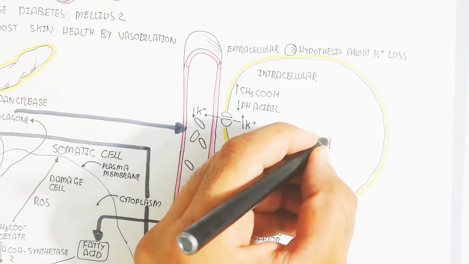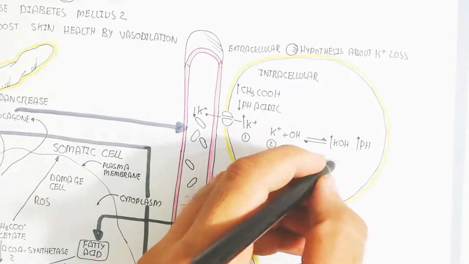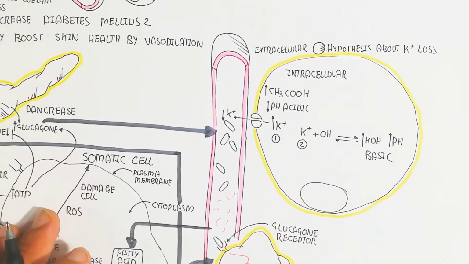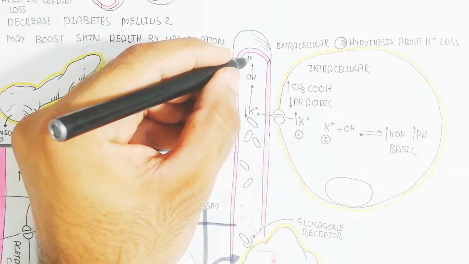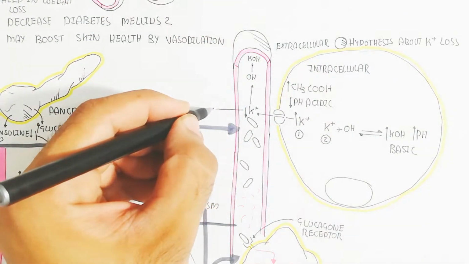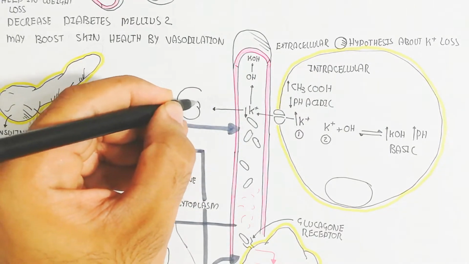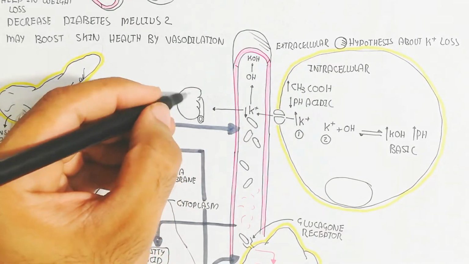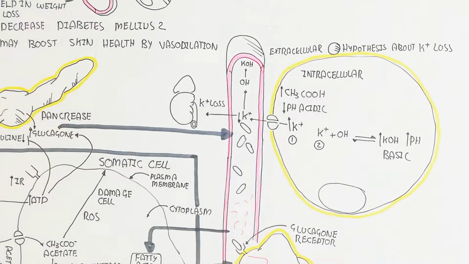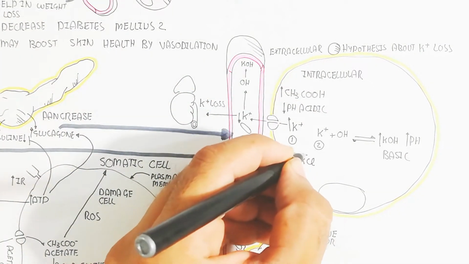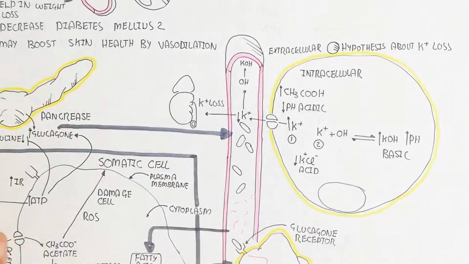The potassium can also bind with KOH, potassium hydroxide, which will increase and lead to basic conditions. This is the two step process, but in this case the potassium will go and be excreted from the urinary system. But the important thing is that in the blood circulatory system, it also converts into potassium hydroxide to decrease the acidity.